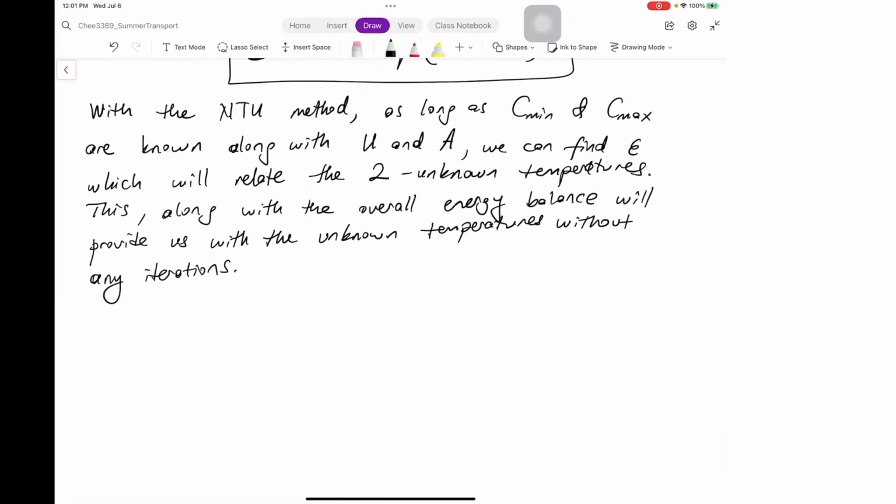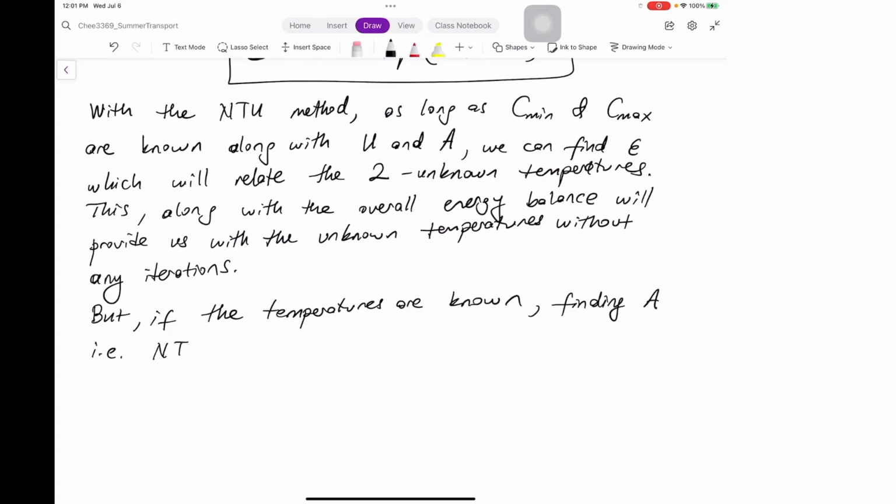But if you have the first scenario, for example, but if the temperatures are known, finding A, in other words, the NTU, is not straightforward.